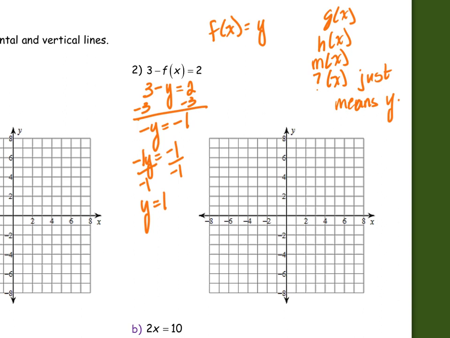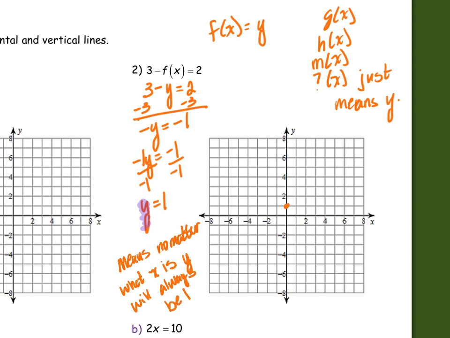So y is going to equal +1. And again, this says y equals, so I'm going to go on my y-axis to 1. And just like before, since I don't have an x, it means that no matter what x is, y will always be 1.